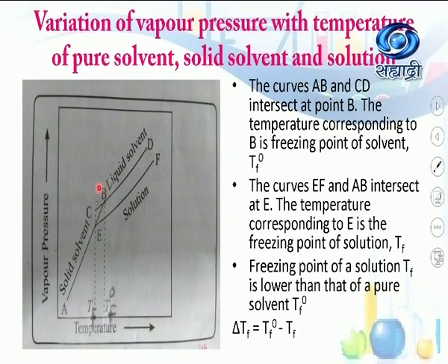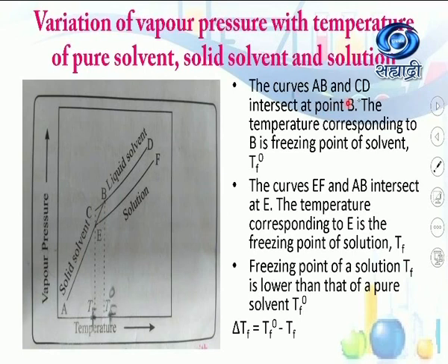So at this point B, the vapor pressure of a solid solvent and the vapor pressure of a liquid solvent are same. Therefore, the temperature corresponding to point B is what? Is Tf0. So, Tf0 is the freezing point of a solvent.